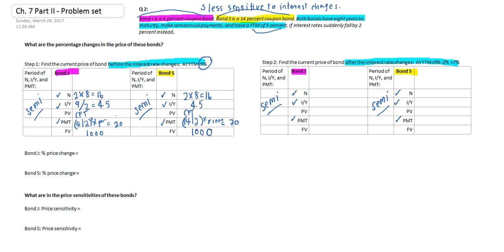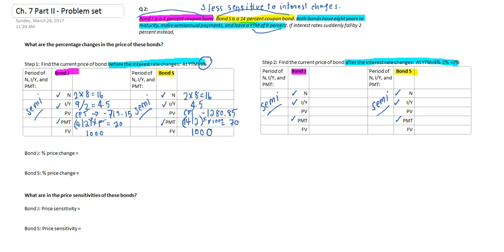What I got for this one is negative 719.15, while the second one I got negative 1,280.85.